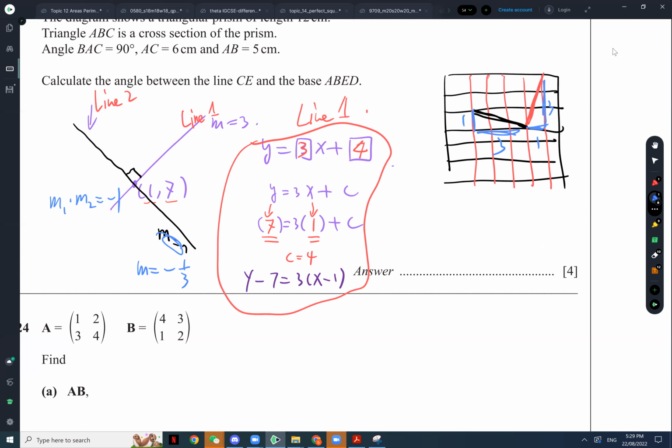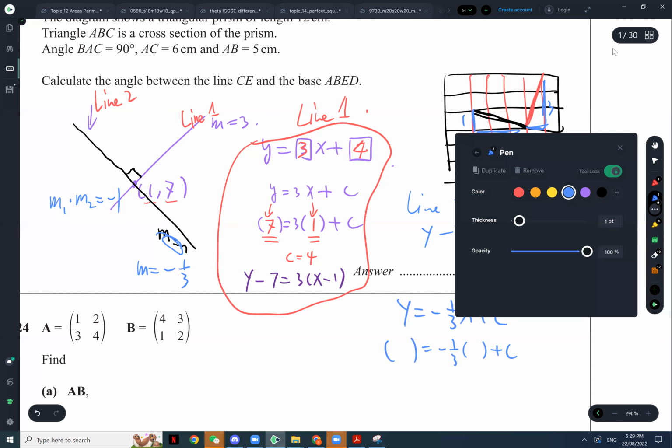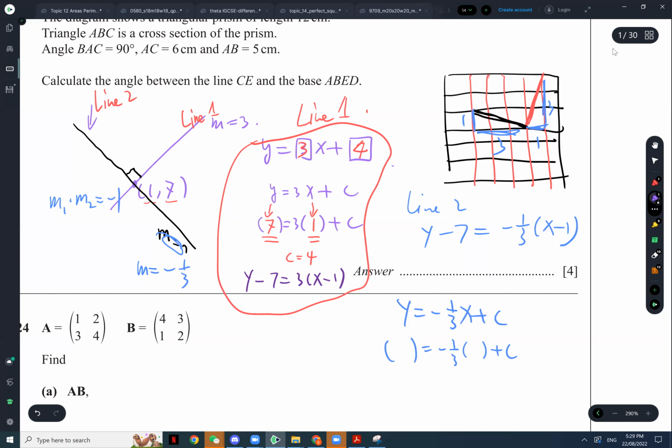That's why for the line 2 equation, method 1, method 2: we put a value into it to determine c.